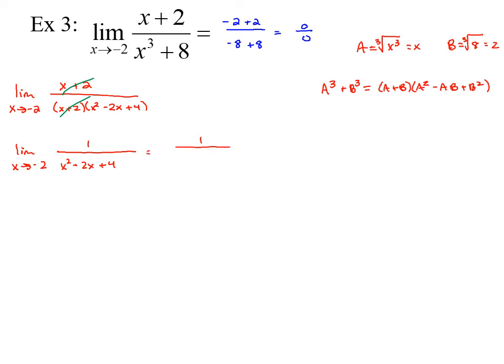This should be 1 over negative 2 times negative 2, which is 4. Negative 2 times negative 2 is once again 4, and then you have another plus 4. You get a final limit value of 1 over 12. So as you can see, once again, factor what you have, simplify, and then replug your value back in to get the limit value.